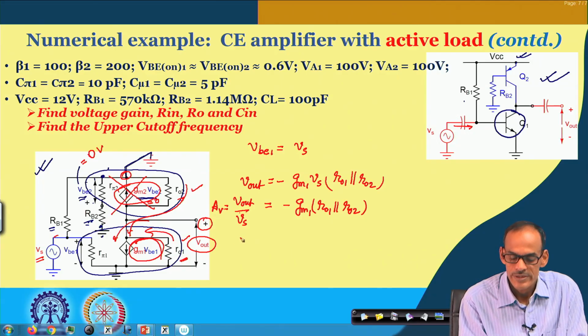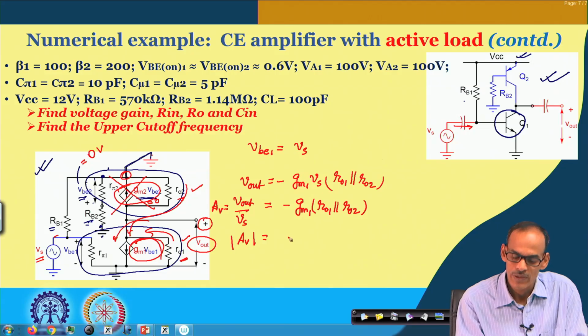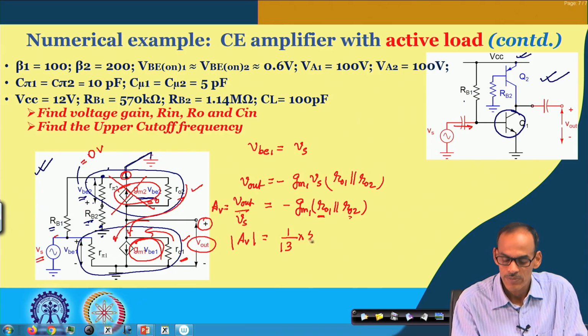So, we can say that the voltage gain equals gm1, which is 1 by 13, and then RO 1 and RO 2 both are 50 k in parallel. So, they give us 25 k.